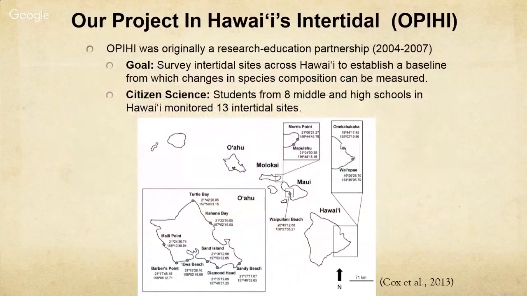Okay, so OPIHI was a research and education partnership that ran between 2004 and 2007, and it was funded by the NSF. The original goal was to survey intertidal sites across Hawaii to establish a baseline against which changes in species composition can be measured. And so the students running this program at the time did this through citizen science.